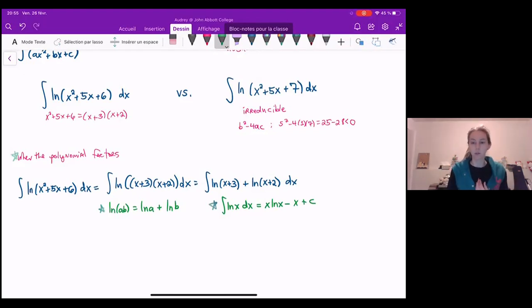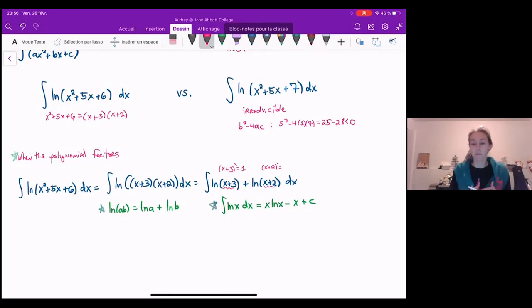I have ln of x plus 3 and ln of x plus 2, but that x plus 3 on the inside and that x plus 2 on the inside, they both have a derivative of 1. And that's important because we know that when the inside function has a derivative that's just a constant, we can apply the known form that we have right here, and then just divide by that constant. So having a derivative of 1 means that we can literally just apply the known form.